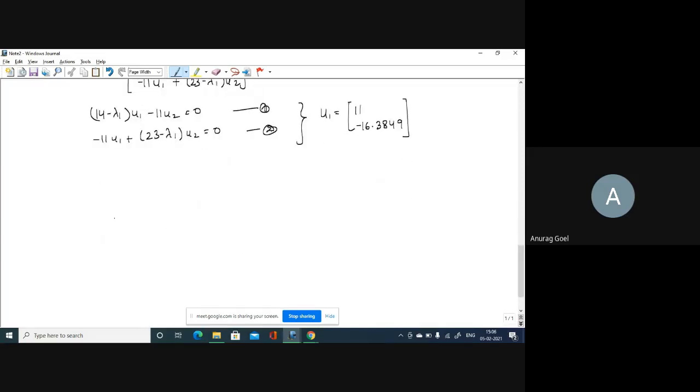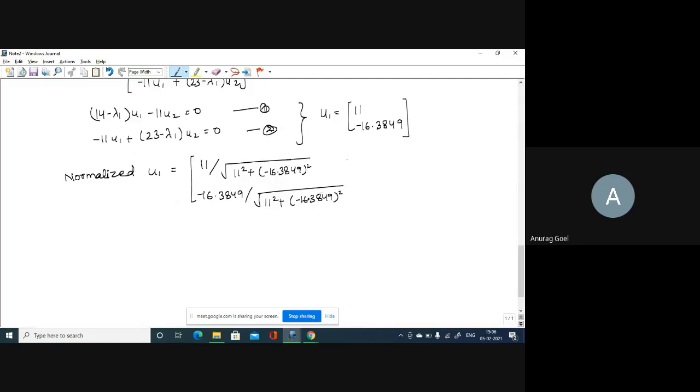This is not normalized. So how do we calculate the normalized eigenvector? Normalized u1 would be 11 divided by the square root of 11 squared plus minus 16.3849 squared, and minus 16.3849 divided by the same square root of 11 squared plus minus 16.3849 squared.